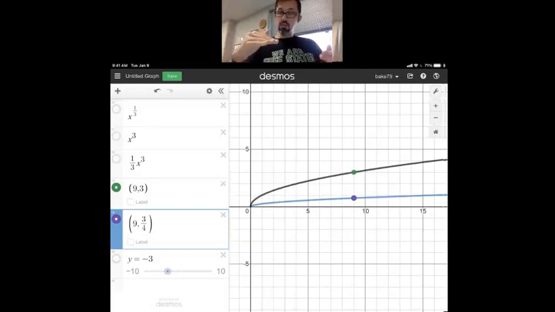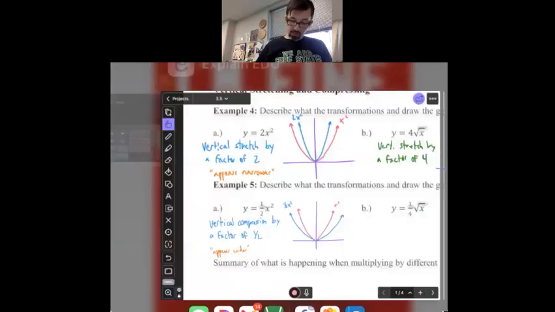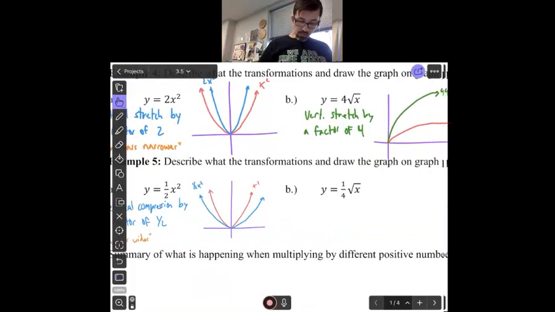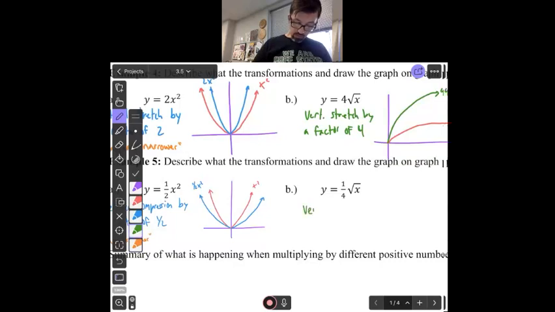It just gets squished. This one seems to follow the word better. It does look like a squished graph. It is much flatter than it was before. So this was vertical compression, all by a factor of 1/4.